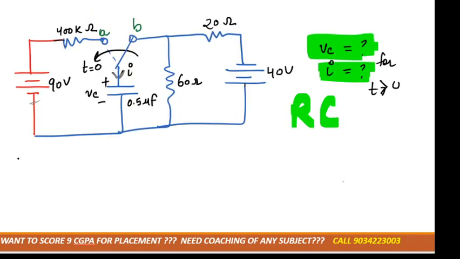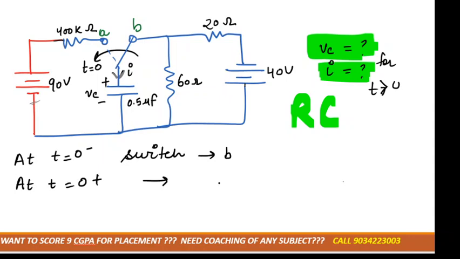So we have to see at t equal to 0 minus, is the switch connected to A or B, tell me. At 0 minus, it is connected to B, and at t equal to 0 plus, the switch is connected to A, and at t equal to infinity, the switch is connected to A only, correct?